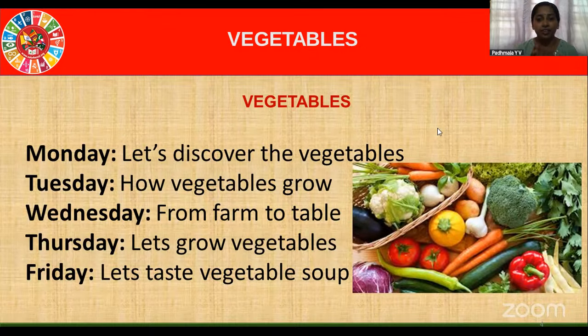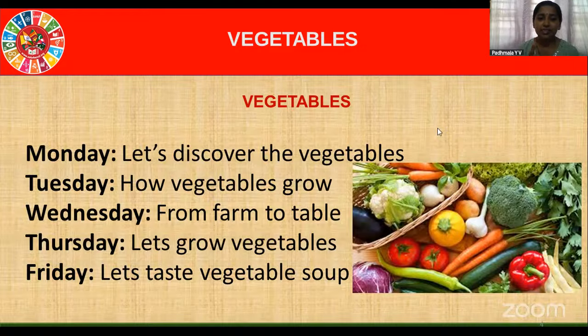As Kamal Goda sir has given these sub themes, for Monday it is let's discover the vegetables. We are going to introduce the vegetables to children, and they are going to discover each vegetable, how it looks, and what its color is. We are going to do all these through activities.